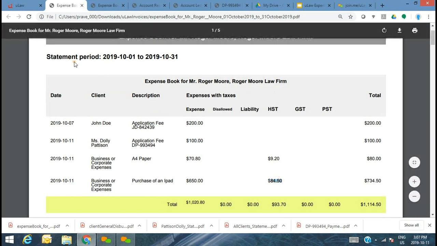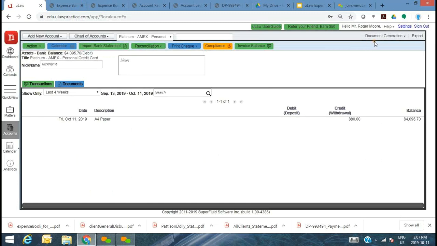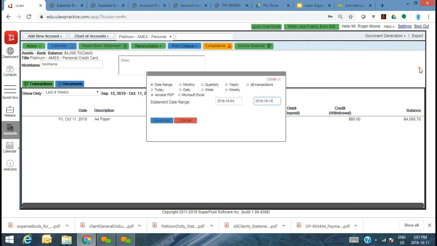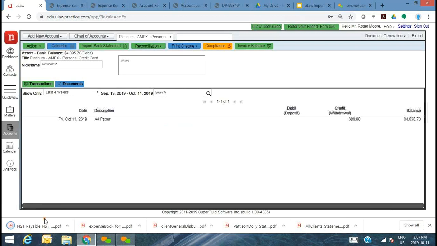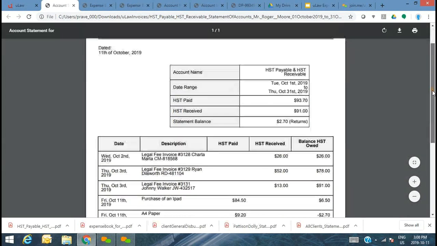Why is this important? It's important because of the next step, which is really generating the tax documents. So if you file your HST or GST or PST, you can generate with confidence that report, which now summarizes all of the HST received through other invoices and HST paid.